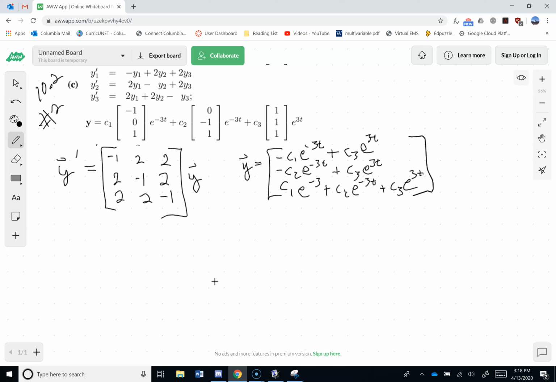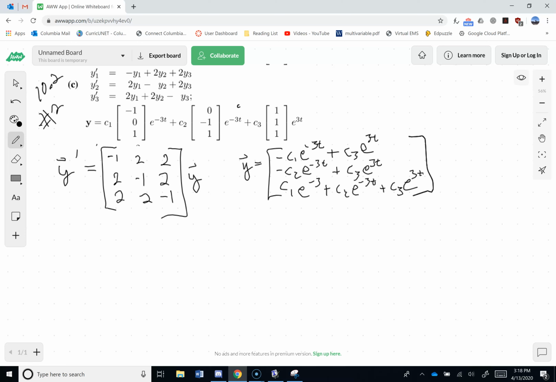And then if you were paying attention in our last discussion about eigenvalues and vectors, you might notice that that means I was supposed to have eigenpairs, right?